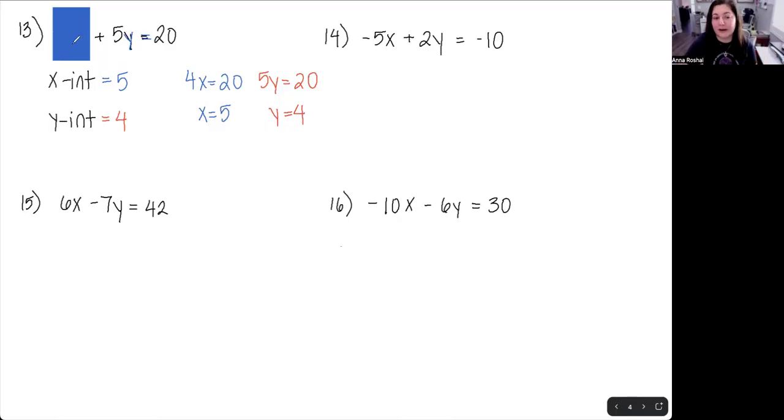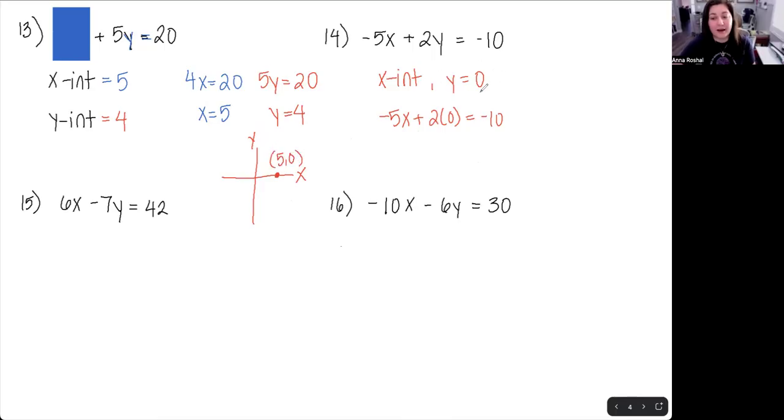Another way that your teacher might have taught this is, in order to find the x-intercept, your y needs to be 0. So you're going to take -5x plus 2 times 0 is -10. Now, as a tutor, I like to simplify things as much as possible. As a teacher, I do need you to understand that when you graph something on an XY axis, your x-intercept, any point on here, will be where y is 0, which is why here I have a y equals 0 situation, and I'm going to plug it in here.